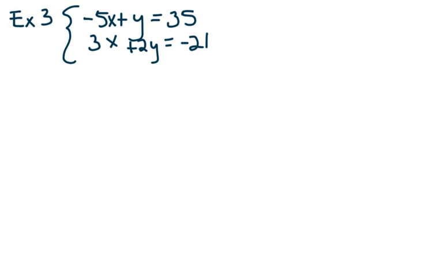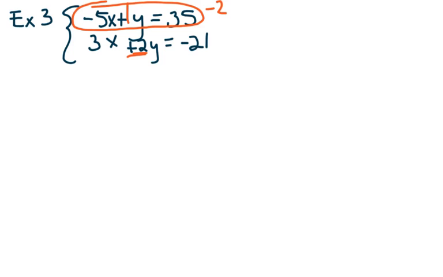Since my coefficient in front of the y is 1, I'm going to choose to get rid of the y's. I need opposite coefficients, so I need to multiply the top by negative 2 to get the opposite of positive 2 here.